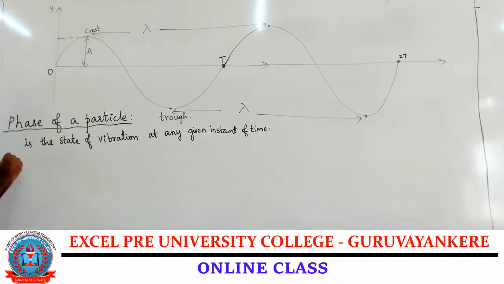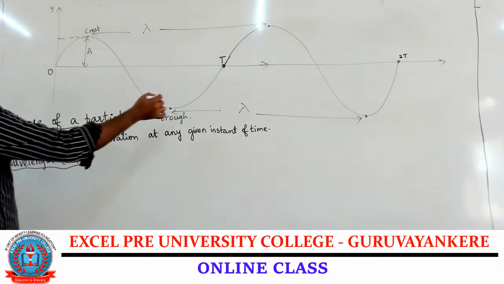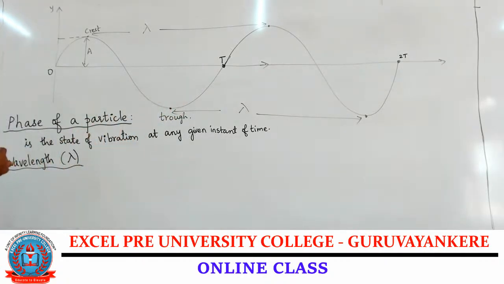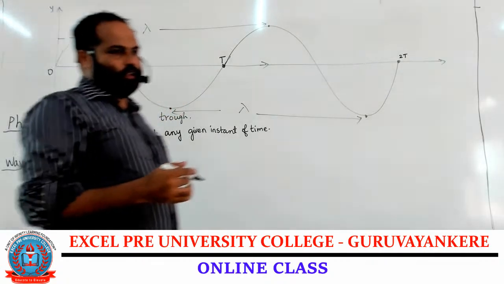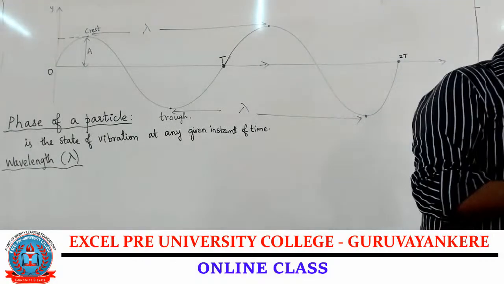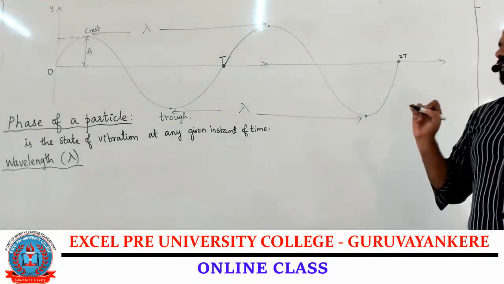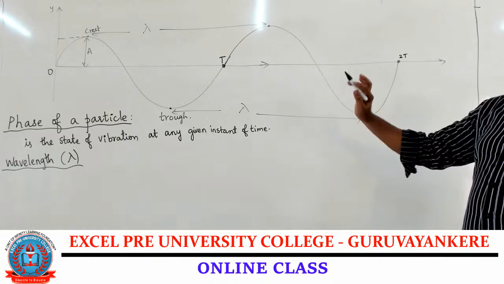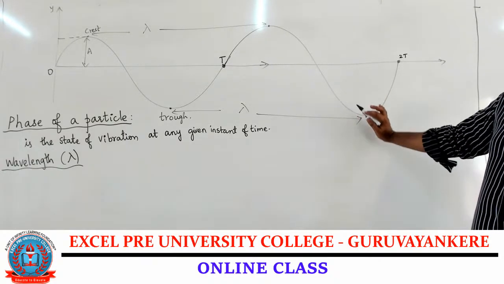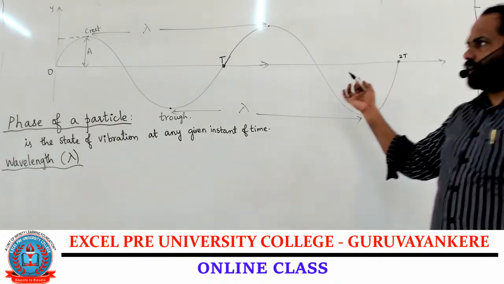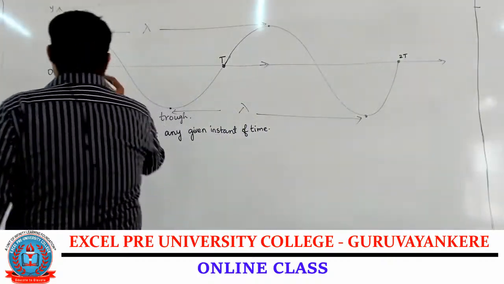Next one is wavelength, lambda. In the lower classes you might have studied that the distance between two consecutive troughs is called wavelength. Also here you can learn a new definition.